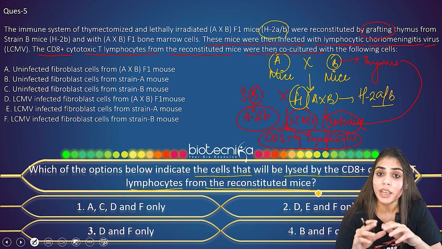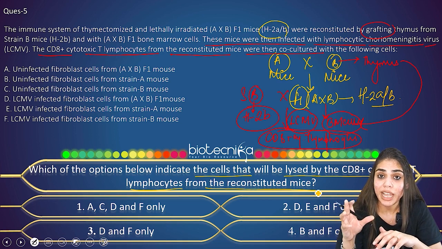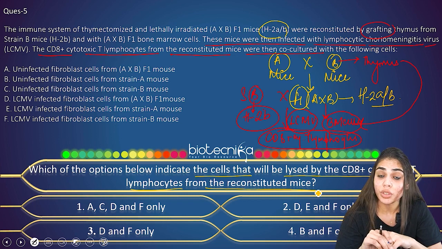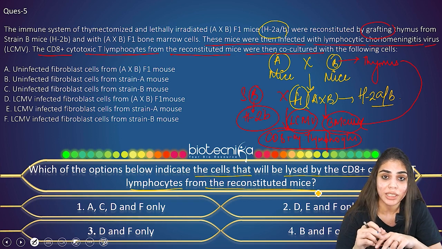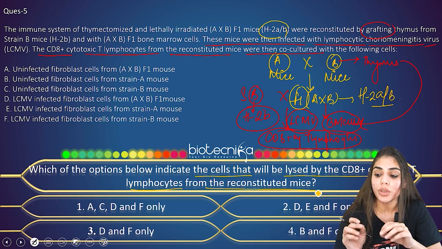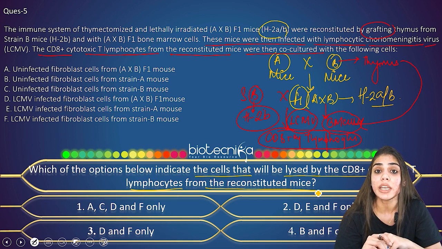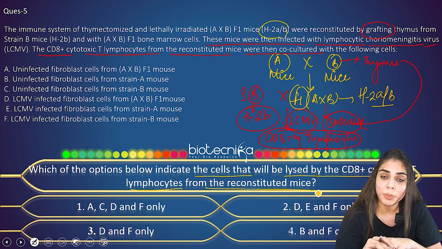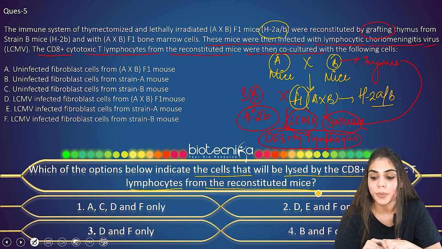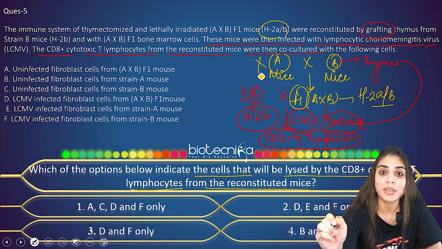So since the thymus is grafted into F1, they will be able to recognize the strain B mice because the thymus is from there. It is grafted into F1 progeny that is reconstituted from A × B. So it is able to recognize the infected cells of F1 progeny as well as strain B mice, not strain A mice, because from there no thymus is grafted.